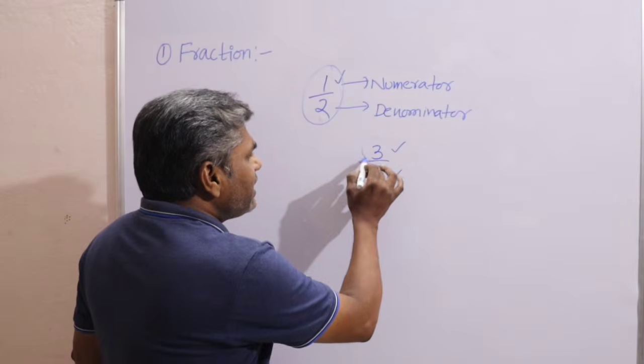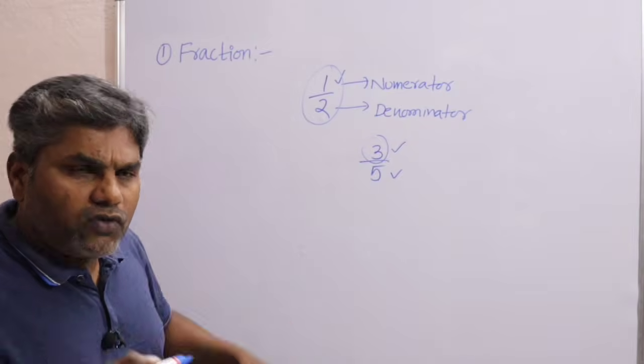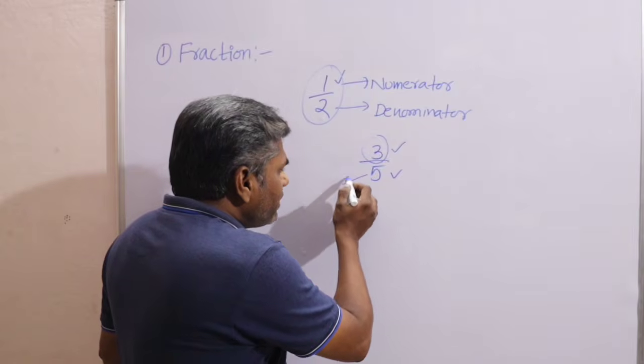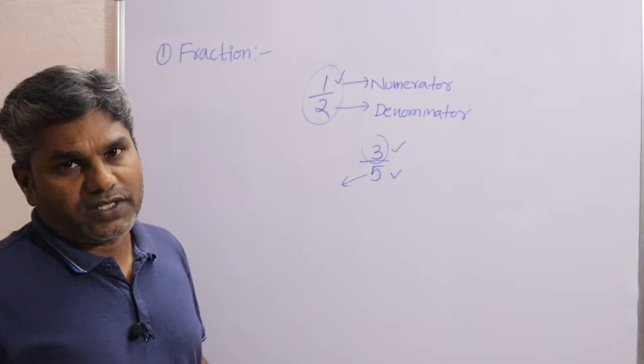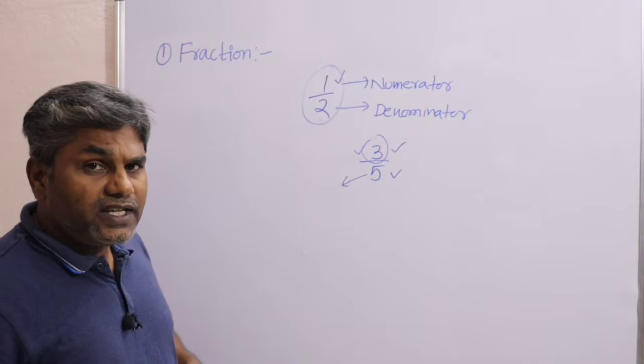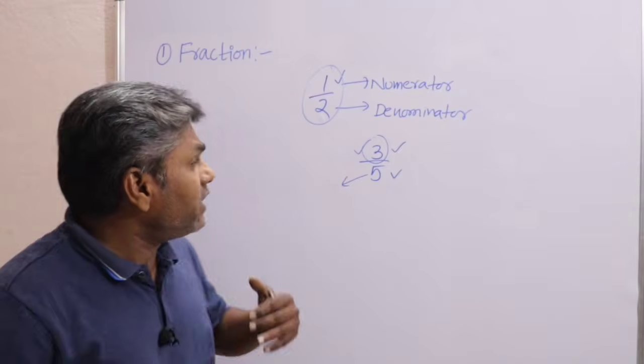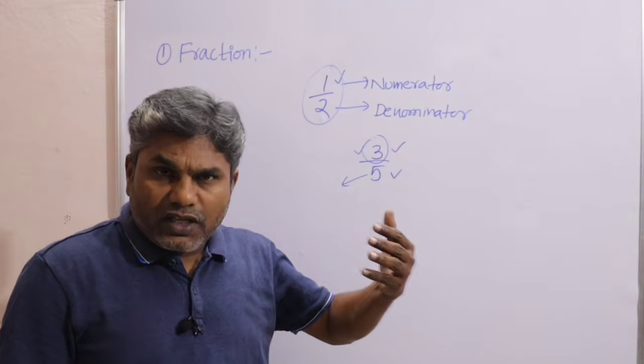If you take 3 whole chocolates and divide them into 5 equal parts, you have 3 parts with you. Definitely this is less than one whole. That's why you call it a fraction.